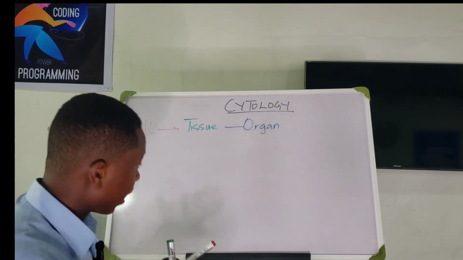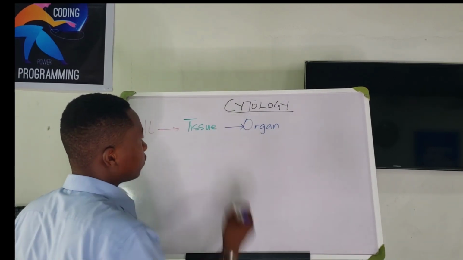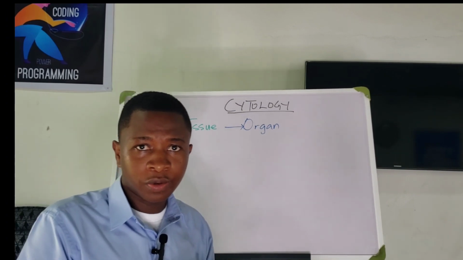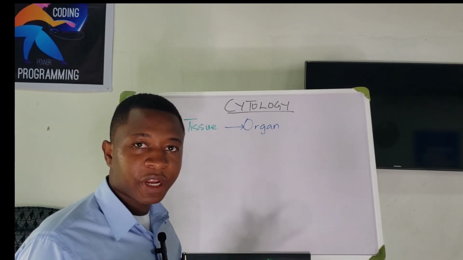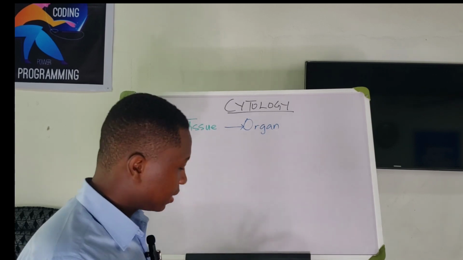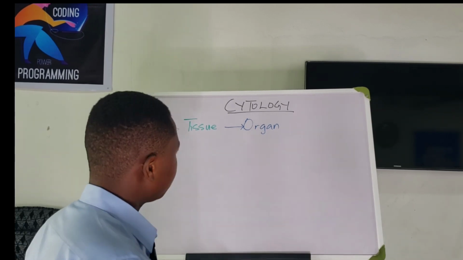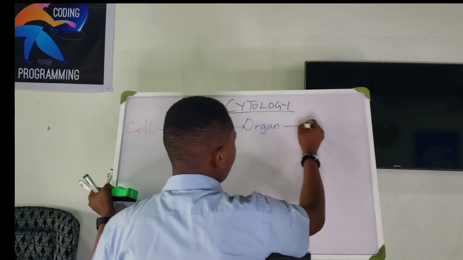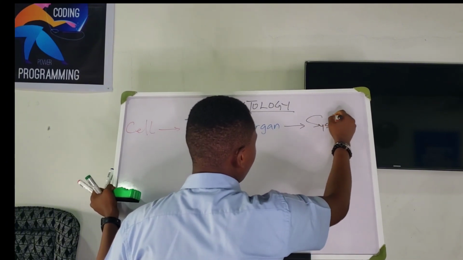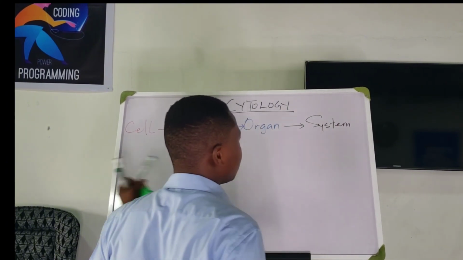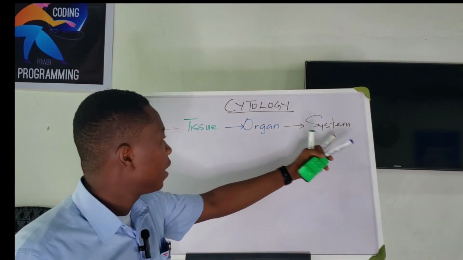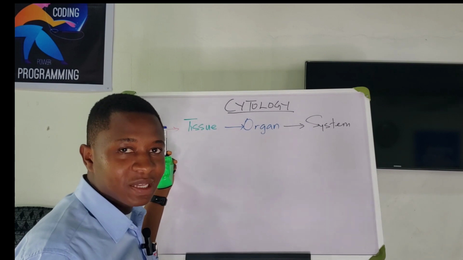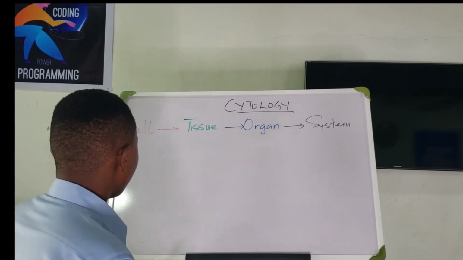After the organ level of organization, we have a bigger level which comprises different organs, and that is known as the system. This is the most complex unit of organization of life, and the cell is the simplest unit.